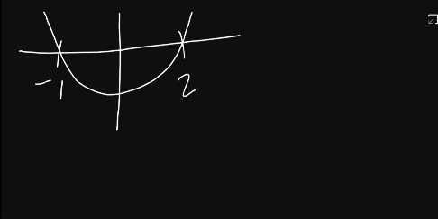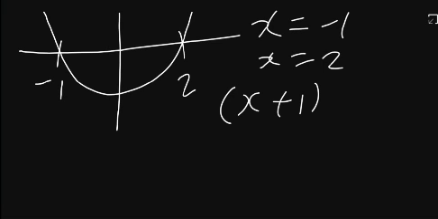First thing that we need to do is we know that x is equal to -1 and x is equal to 2. So when you take -1 to join x, it becomes x plus 1, and x minus 2 we say equal to 0. Then what next? You start now expanding.